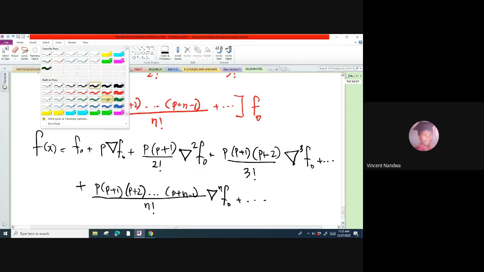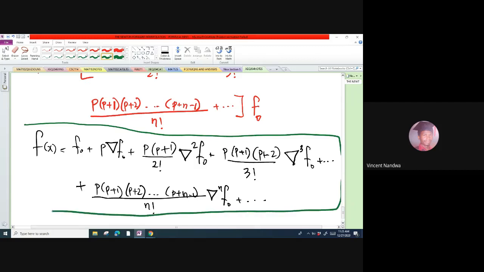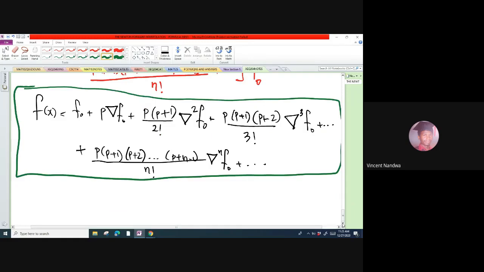So this is what we call the Newton backward interpolation formula.